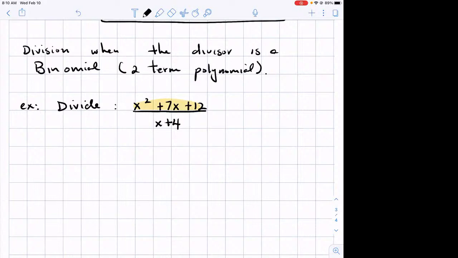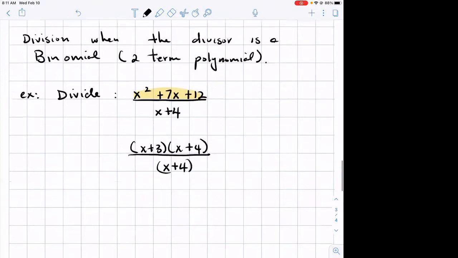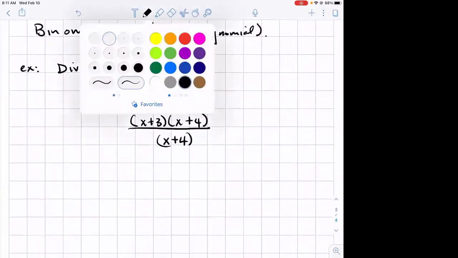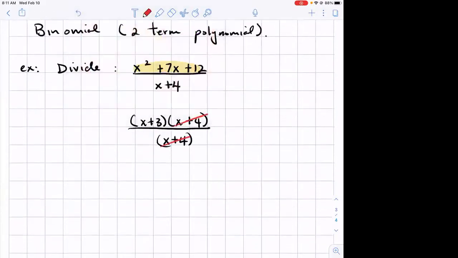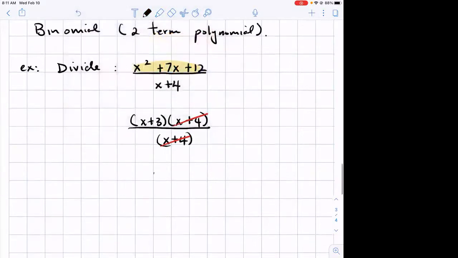You will see that if you factor this example, it becomes x plus 3 times x plus 4. And if you divide that by x plus 4, now notice as when we did division, when we have like terms, this term will cancel out with that term. So we have as our final result x plus 3. And here is our final answer.